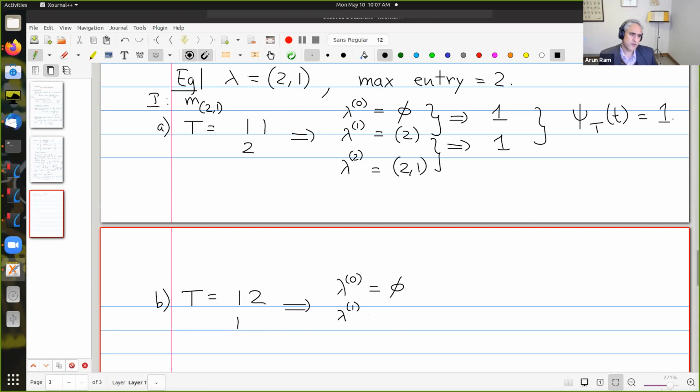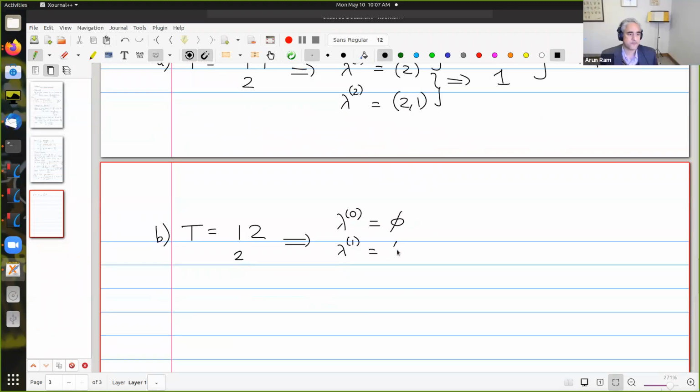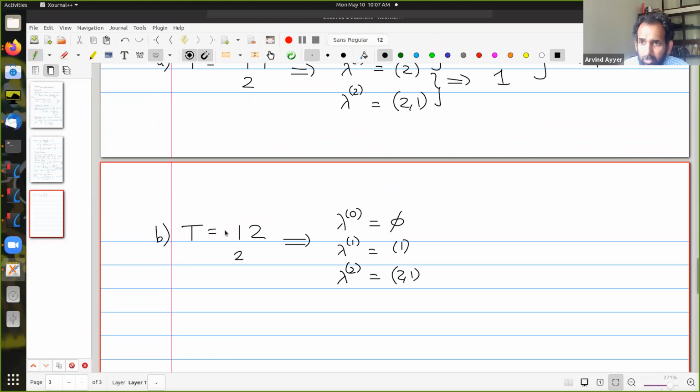Sorry, I'm confused. That's not column strict. Sorry, 1 2 2. Yes, lambda 1 is 1 and lambda 2 is 2 1. Right, so here there's only one cell, and here suddenly you're going to 2 cells.